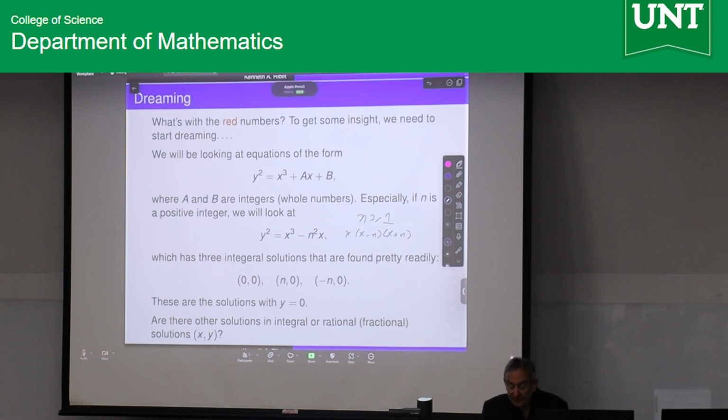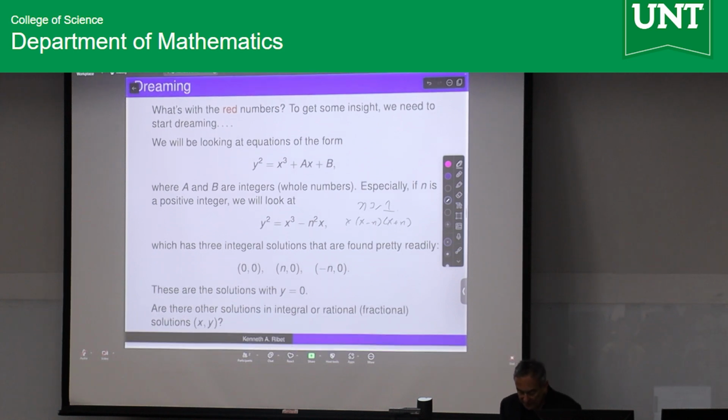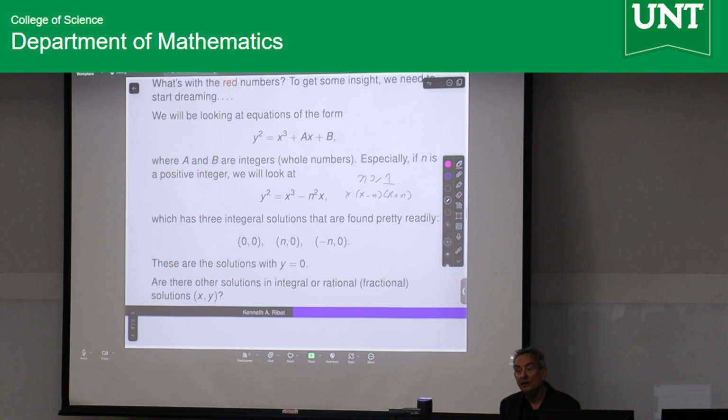And if you put x to be 0, n, or minus n, then the right-hand side will be 0, and you can get a solution to this curve by taking x to be one of those three numbers and y to be 0. And the reigning question is going to be whether or not there are other solutions in whole numbers or fractions, x comma y.